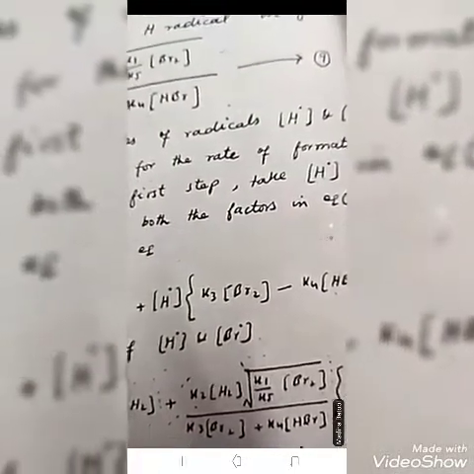Here is the value of the bromine free radical Br naught, and here is the value of H naught, which we took common, and in the bracket there is K3 Br2 minus K4 HBr. It is a simple calculation, no hard and fast rules, only simple steps. You follow the steps and you will find the end results.